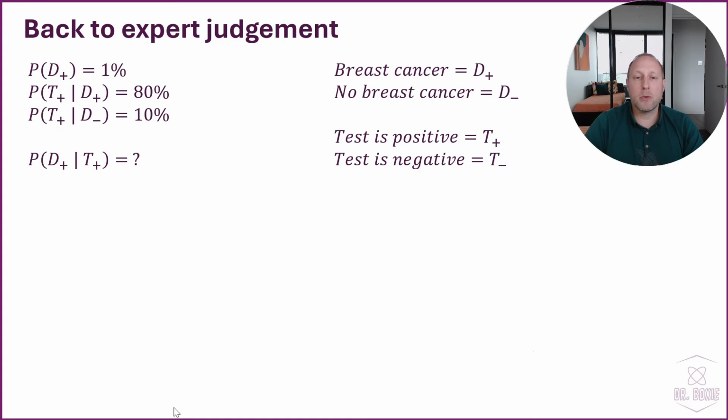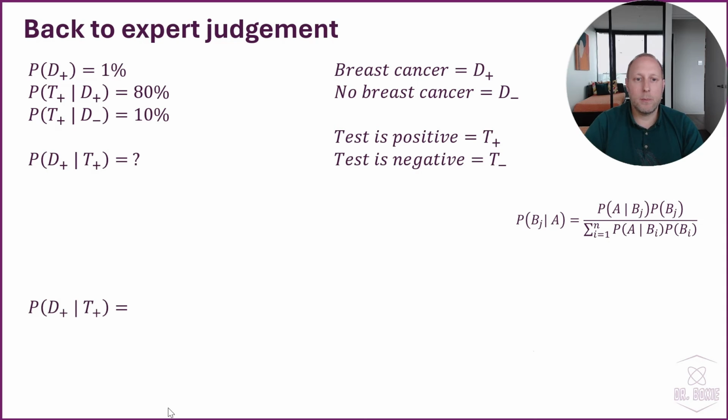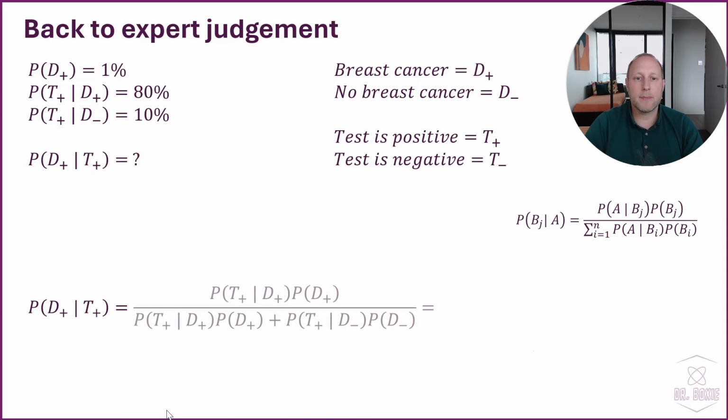To answer this question, we now have a tool for it, namely Bayes' theorem. So this is Bayes' theorem, and we will apply it to this. So P of D plus given T plus is this expression here. And now we can fill in the numbers. The probability of T plus given D plus is given, that's 80%. The probability of D plus is 1%.